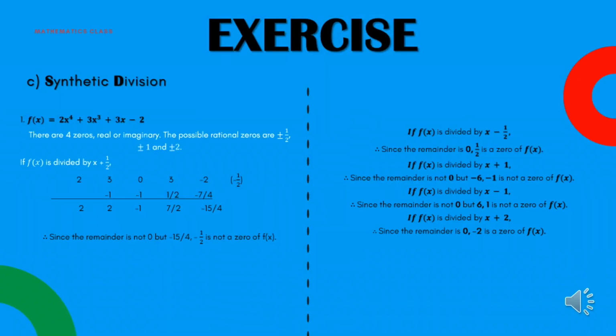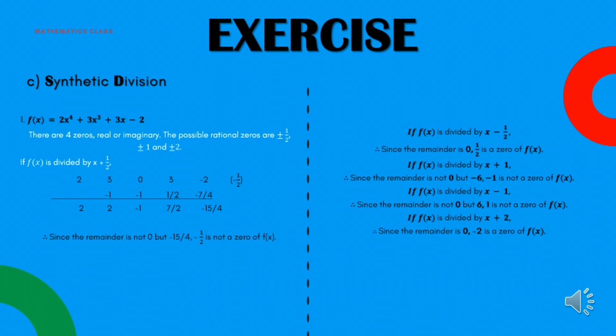For question 3, synthetic division. From the equation, there are 4 zeros, real or imaginary. The possible rational zeros are ±1/2, ±1, and ±2. If f(x) is divided by x + 1/2, since the remainder is not 0 but -15/4, -1/2 is not a zero of f(x).